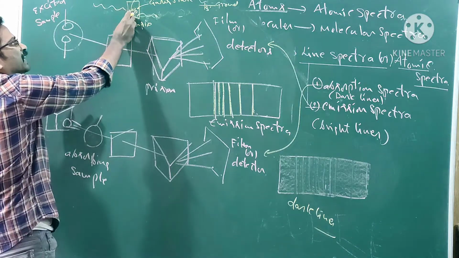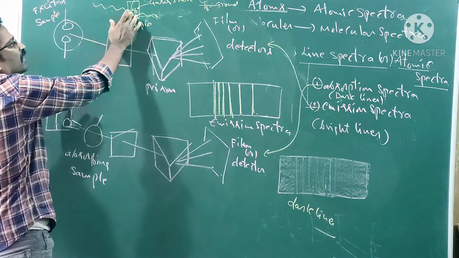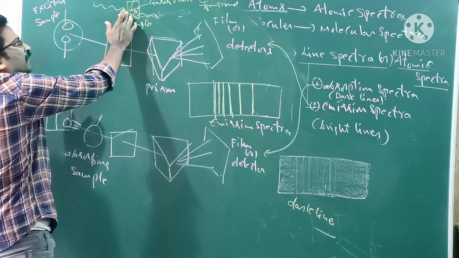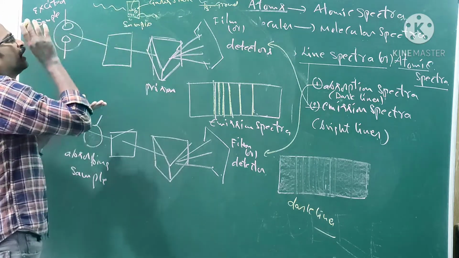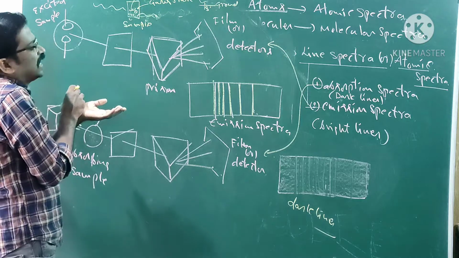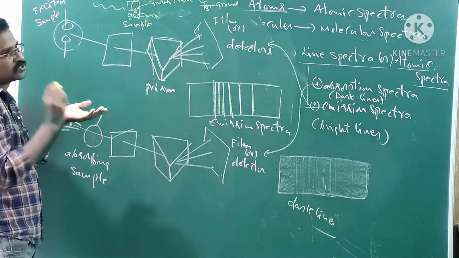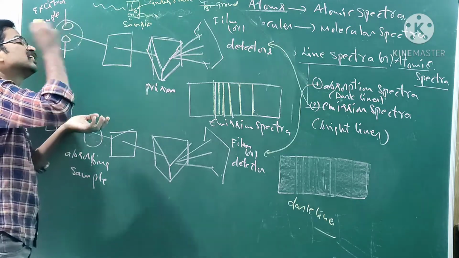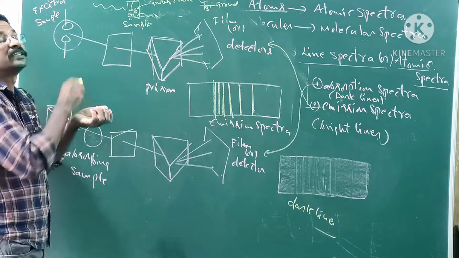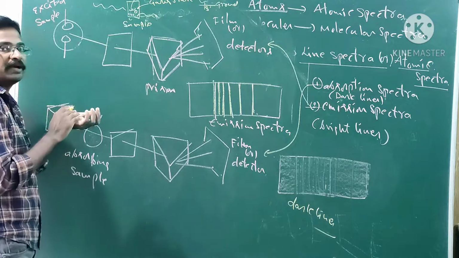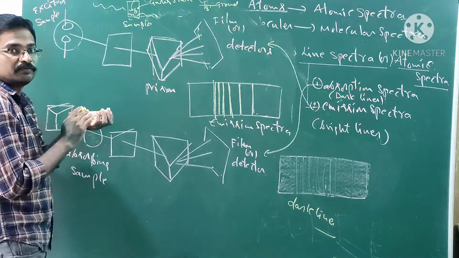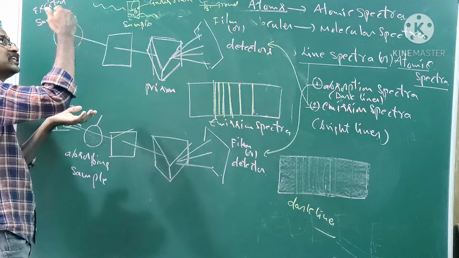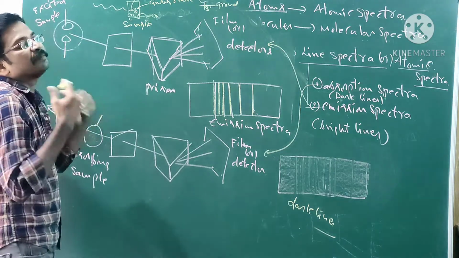Whenever light falls on a sample, the sample contains atoms, and in atoms the electron goes from the lower energy state to the higher energy state. That higher energy state is not stable, so the electron comes to the ground level. Whenever an electron comes from a higher energy state to a lower energy state, it can emit radiation.